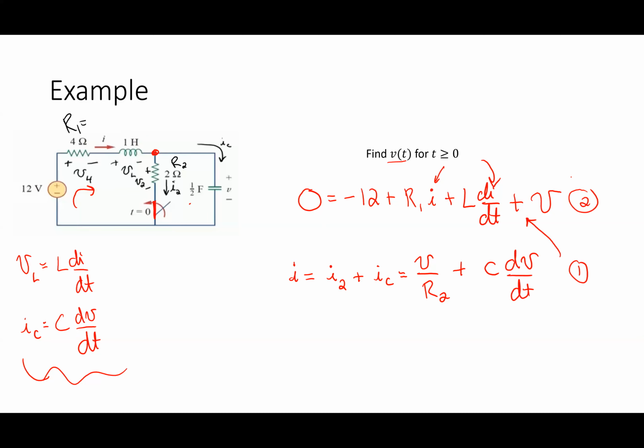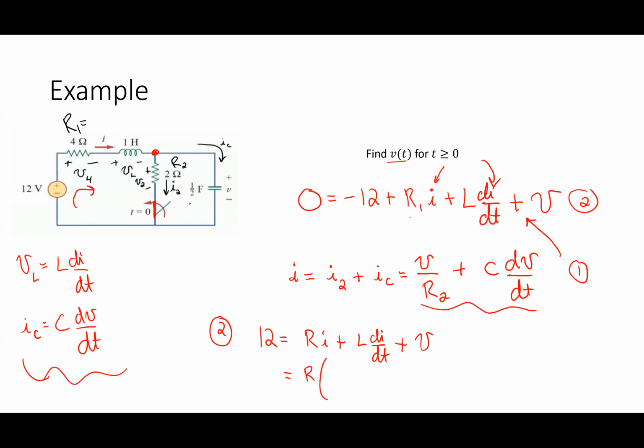All right, so let's take equation 2 and rewrite it as 12 equals R times I plus L di/dt plus V. Then I'm going to substitute I into that equation. So R times I means plug in this whole thing.